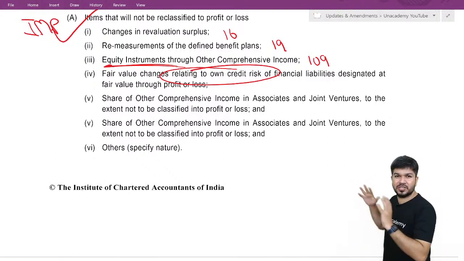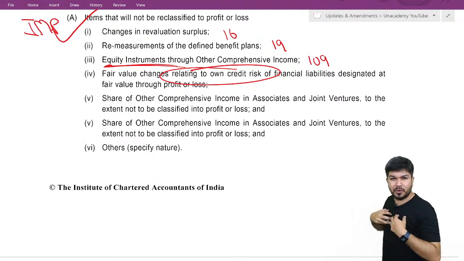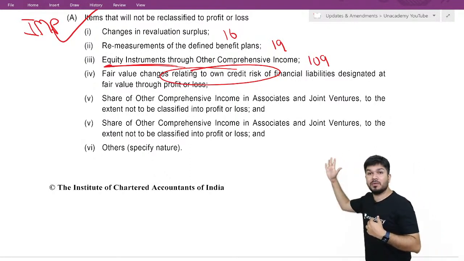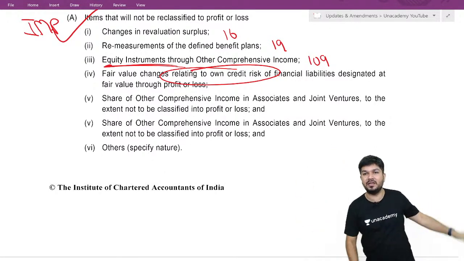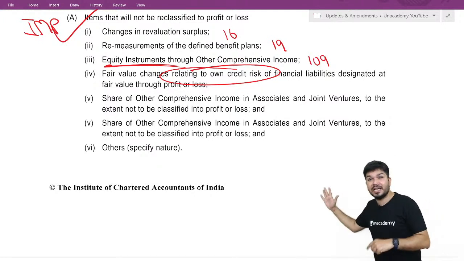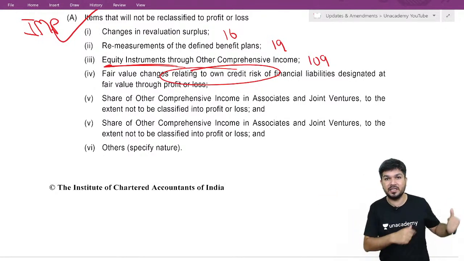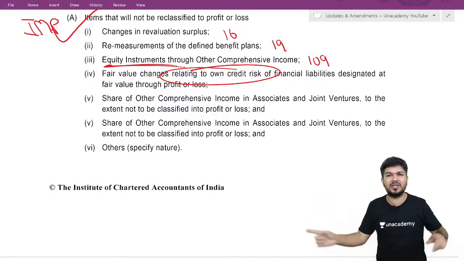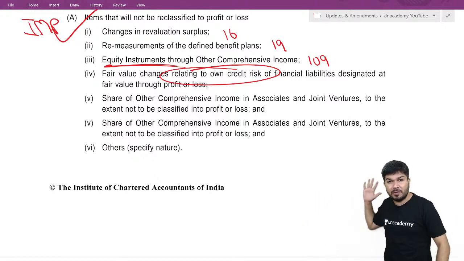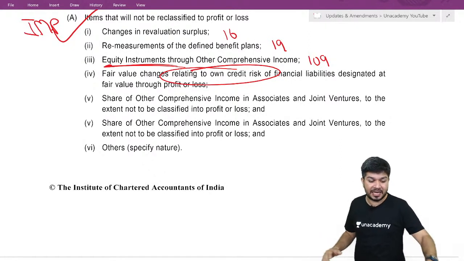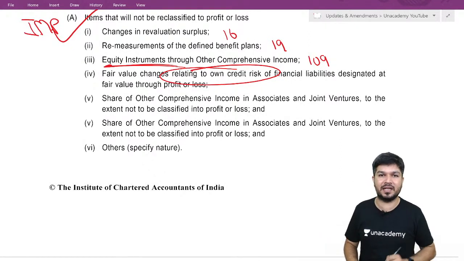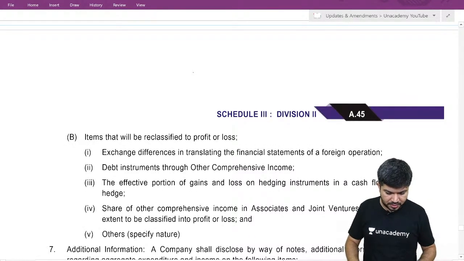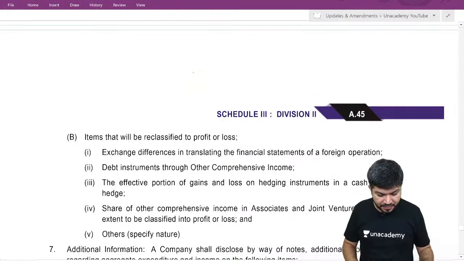If they have a profit in normal PNL, I'll add it in normal PNL. If they have a profit in OCI, I will also add it in OCI. If they have a profit in OCI not reclassified, I will add my share in OCI not reclassified. If they have a profit in OCI reclassified, I'll add my share in OCI reclassified.